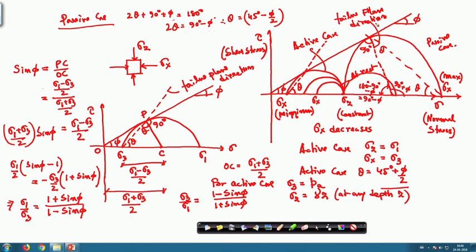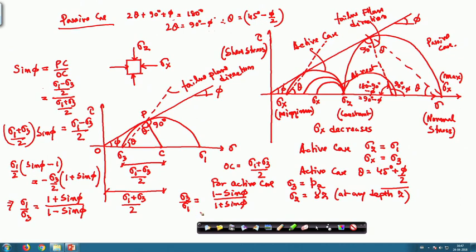Okay. So, remember that for the active case, the failure plane is making an angle 45 degree plus phi by 2 with the horizontal, and for the passive case it is making an angle 45 minus phi by 2 with the horizontal.